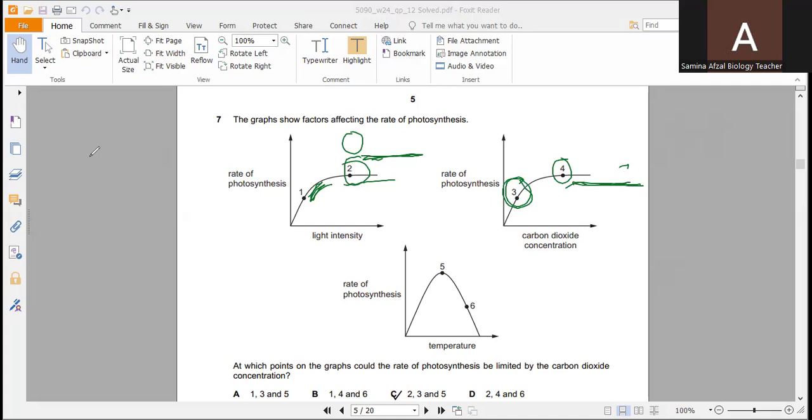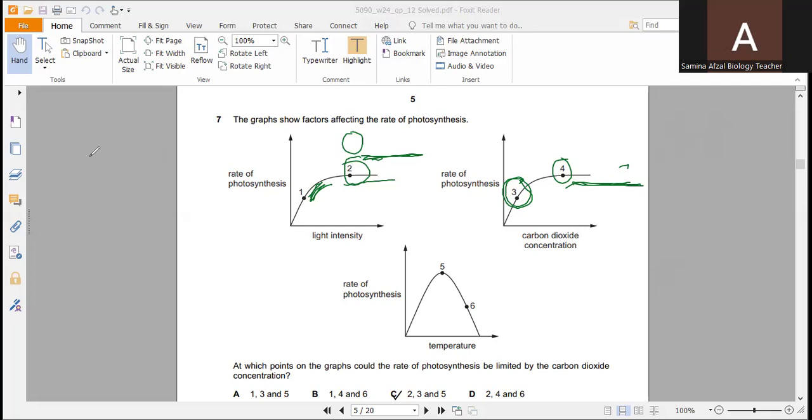Now the third graph: as the temperature increases, the rate of photosynthesis also increases. And at point 5, you can see the rate of photosynthesis with the increasing temperature. This suggests that temperature is limiting the rate here.